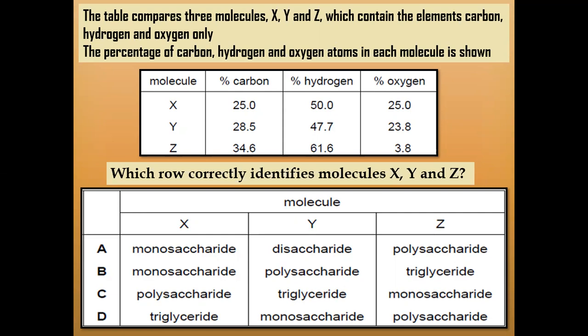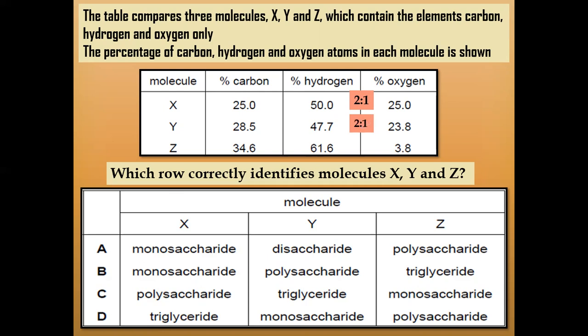of the concept that carbohydrates always contain a hydrogen to oxygen ratio of 2:1, while the ratio of oxygen compared to hydrogen in lipid is very low. So we see that the percentage of hydrogen and oxygen in X has a ratio of 2:1, while in Y it's also 2:1.